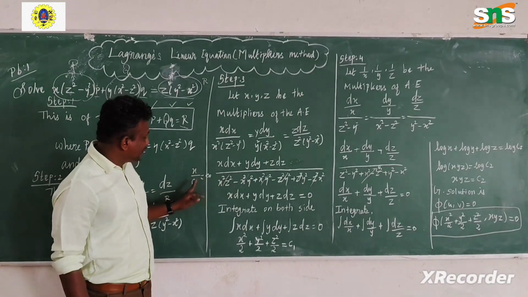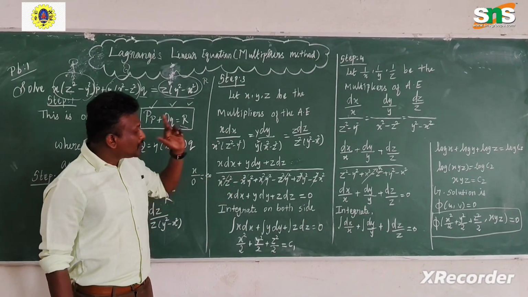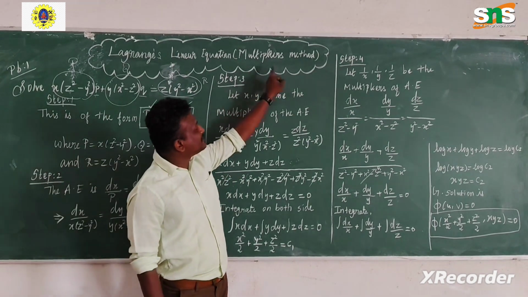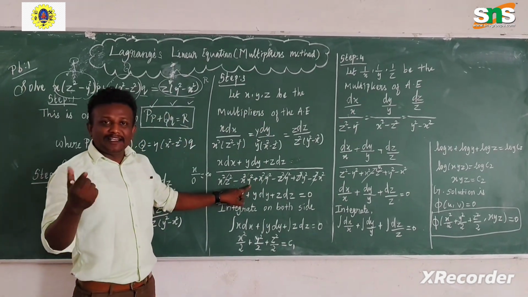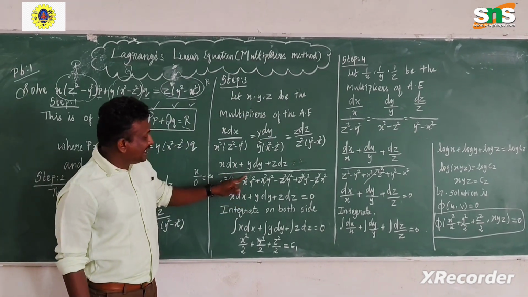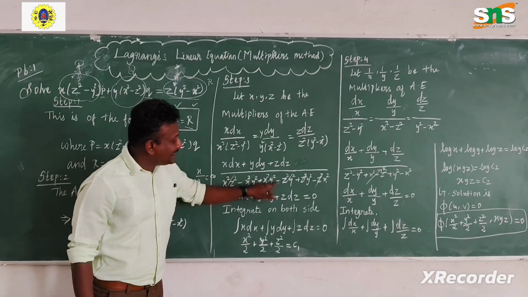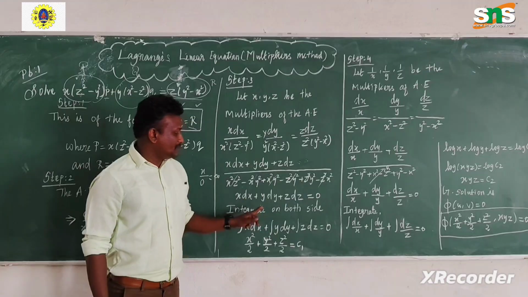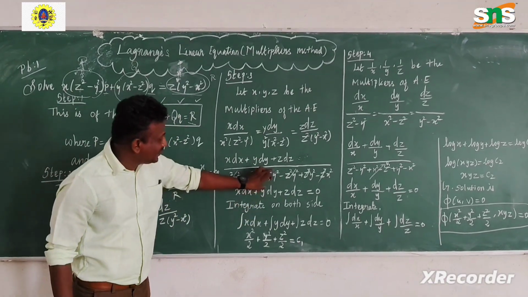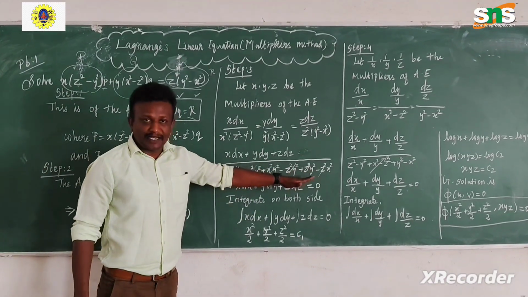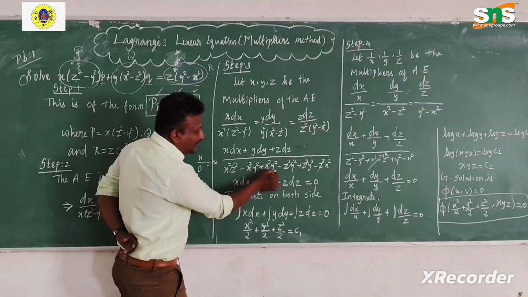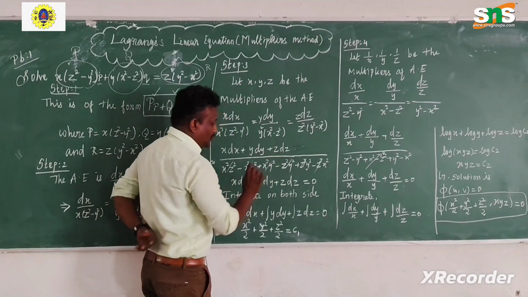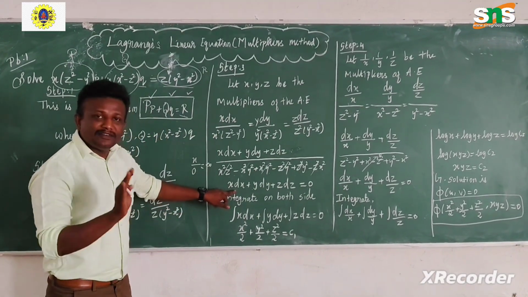Instead, you have to apply the multipliers rule. What does the multipliers rule say? If you are getting 0 in the denominator, then your numerator value is equal to 0. That I have written here because we are getting 0 in the denominator. Once you get this step, then everything is easy.